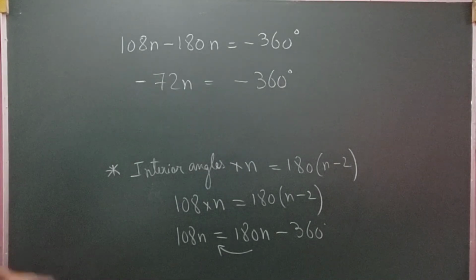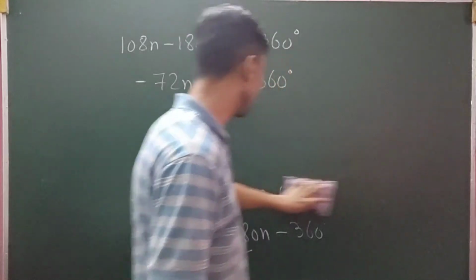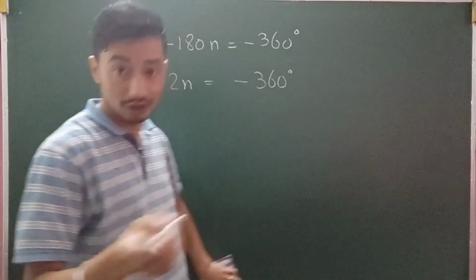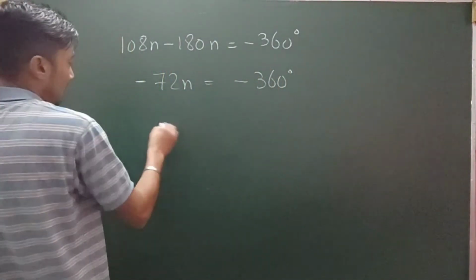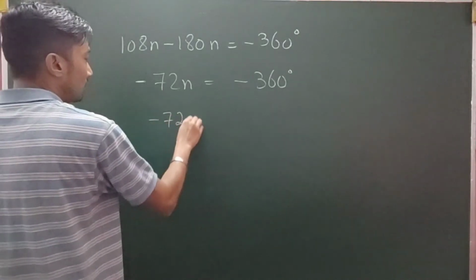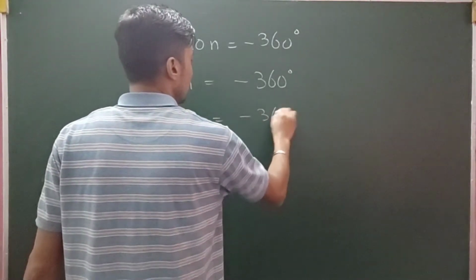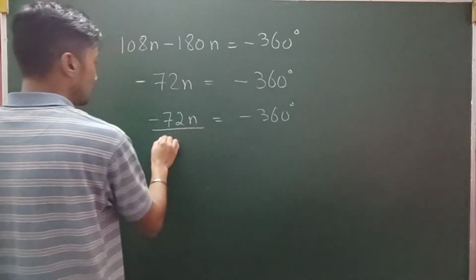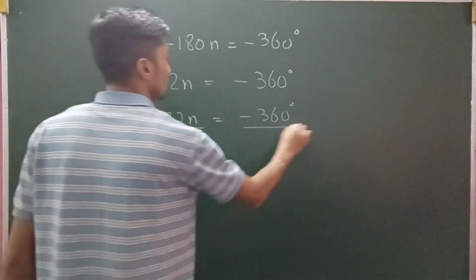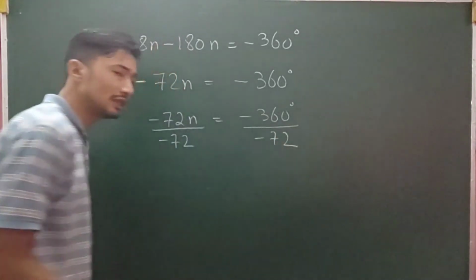Yes or no? Alright, so now our job is what? What are we trying to find out? n. What is n? Number of sides. Now again, by algebra method, if I want to find out n, I will divide both the sides by minus 72. You have already done this, class 7 also.